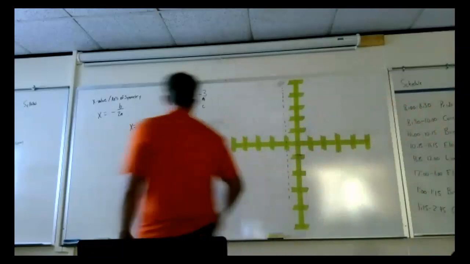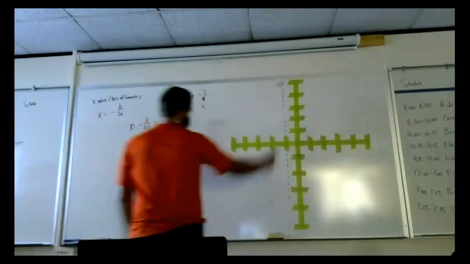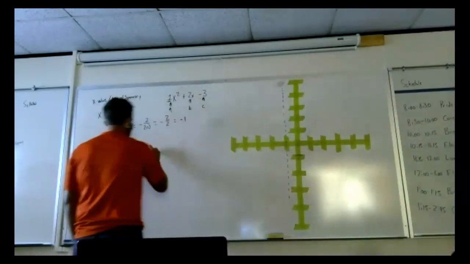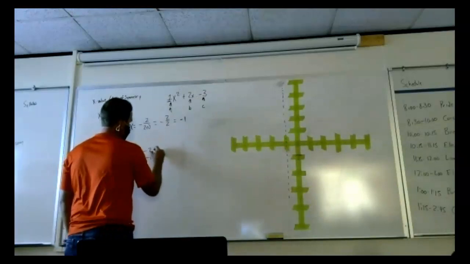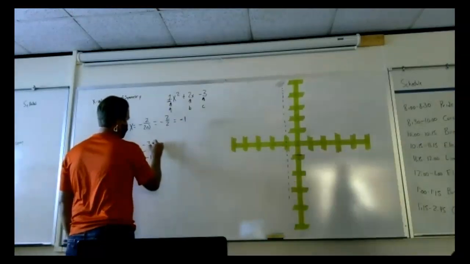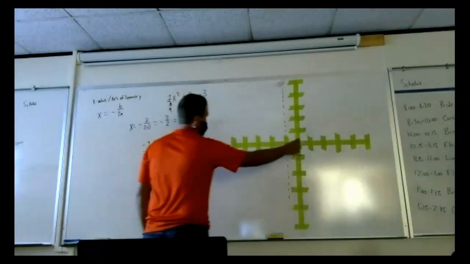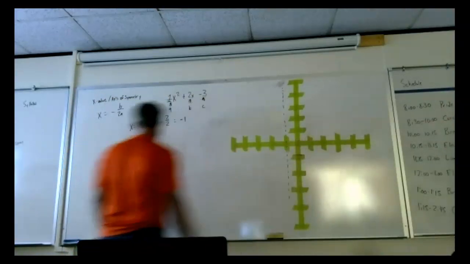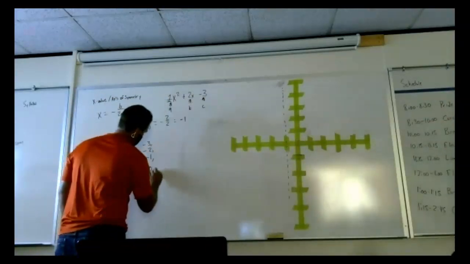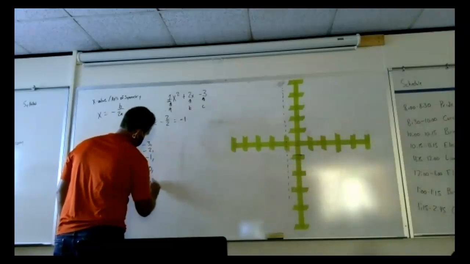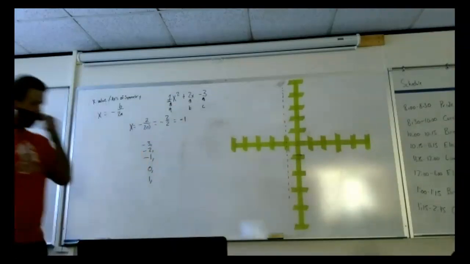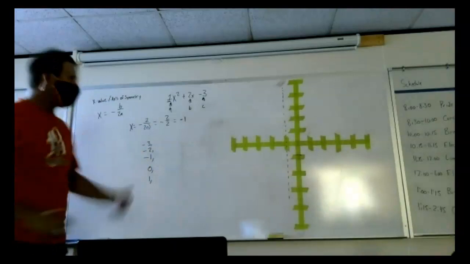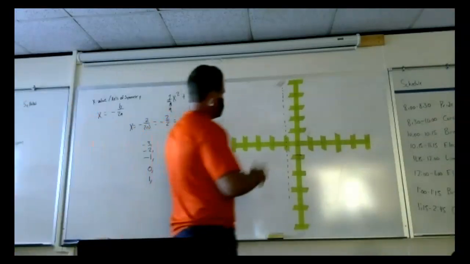So if -1's here, a good point to pick would be -2, -3. I'd also go 0 and 1. Okay, picking out 5 points. So now I know where my graph is located left to right.